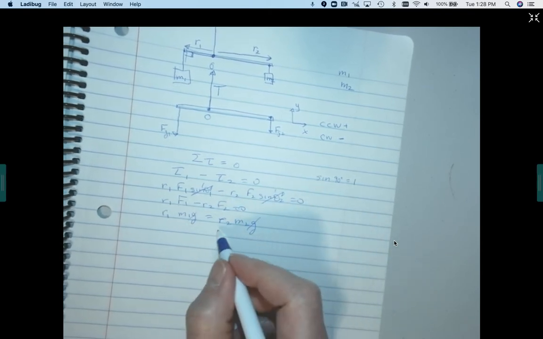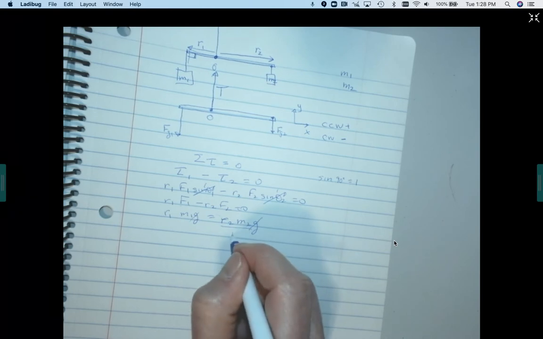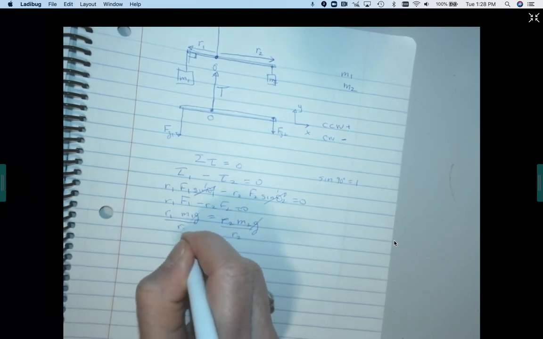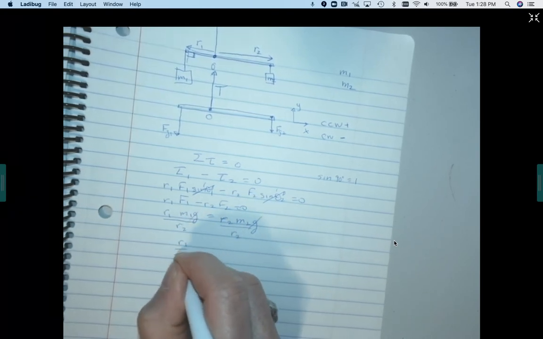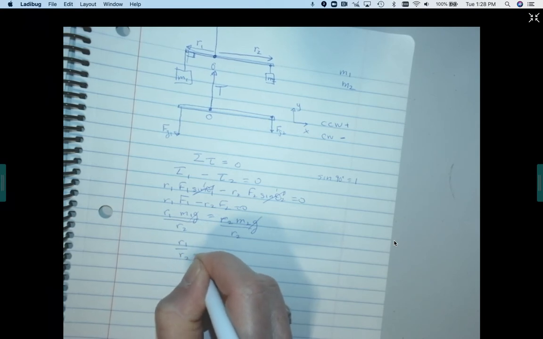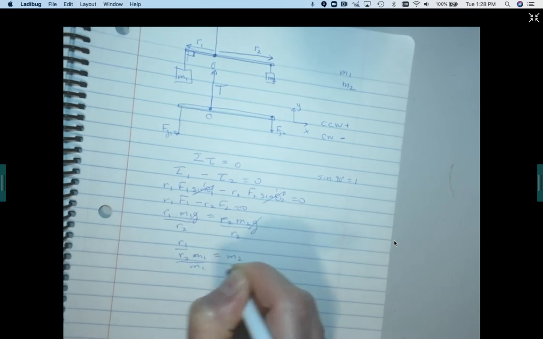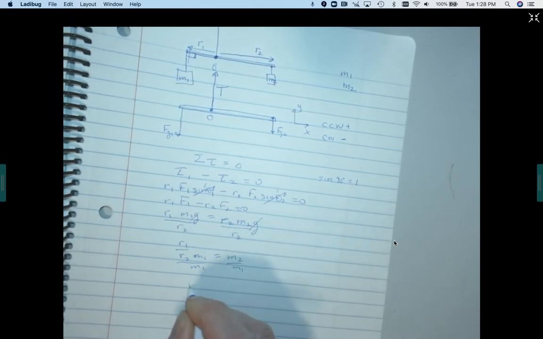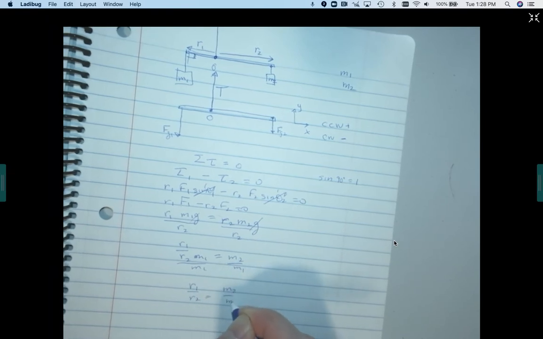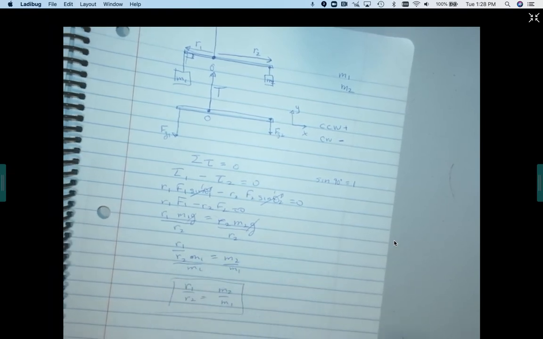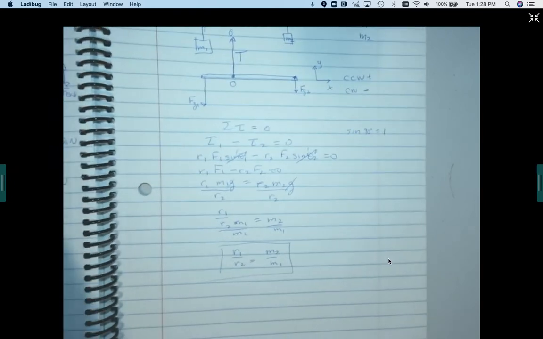I'm going to cancel that out, and divide through by R2. So I get R1 over R2 times m1 equals m2, and then we divide by m1. So we get R1 over R2 equals m2 over m1. Okay, so that's our first example.